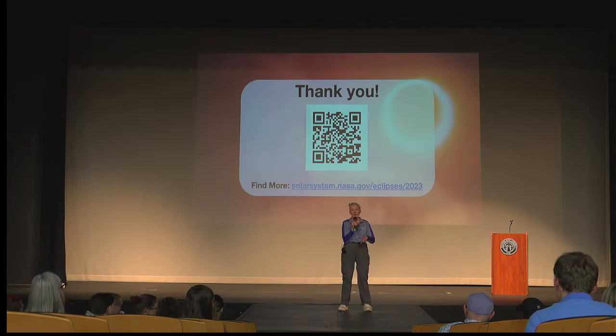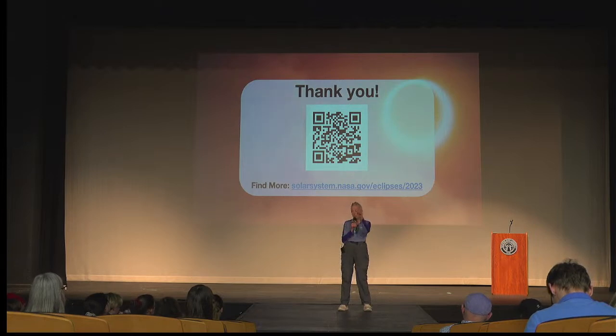Longer answer is you won't see sunspots during the solar eclipse because the moon is going to be covering the face of the sun where the sunspots exist. What you will see during a total eclipse is the corona outside the edge of the moon. And that is actually something that you don't easily see from Earth except during a solar eclipse.